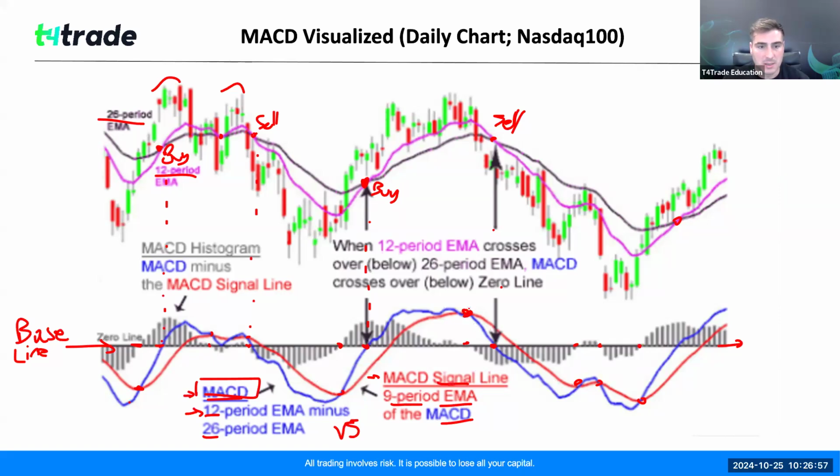Okay, so here in this kind of point, this was an early indication in this area that the bears have already taken control of the price action. They have eliminated the momentum of the bulls, and now they are shifting the momentum towards their side. Okay, they're not in control yet, but the momentum has shifted.